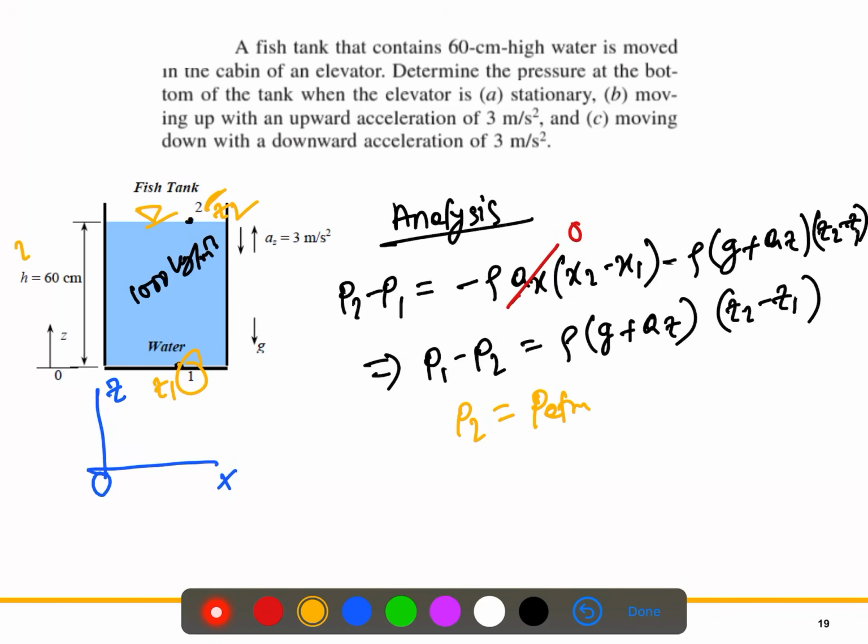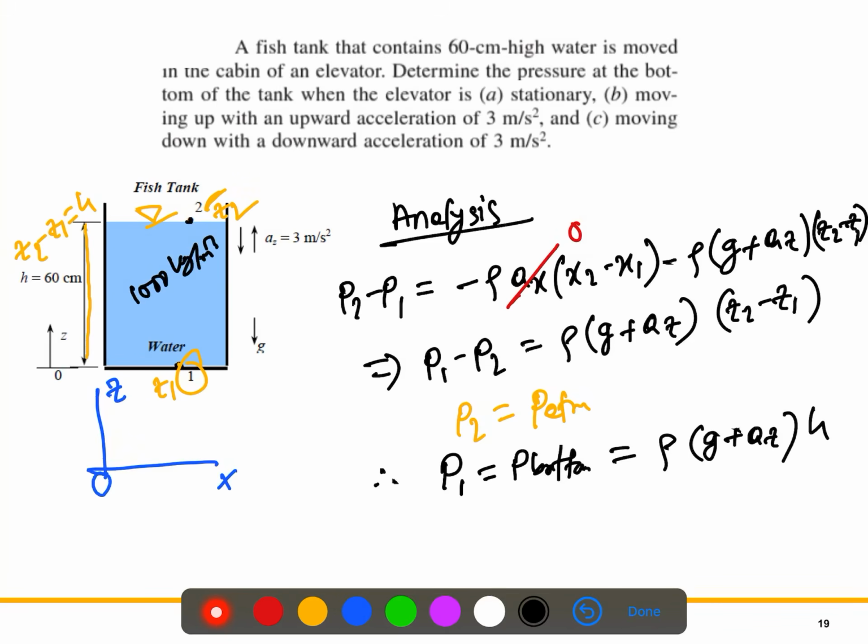So the difference Z2 minus Z1 is actually this height, 60 centimeter. So that we can tell. So what we can write down here is, we said P2 is the atmospheric pressure. So we actually need to calculate the pressure at the bottom. So we can say P1, or the pressure at the bottom, is equal to the density times gravity plus az, times H. So we said H.